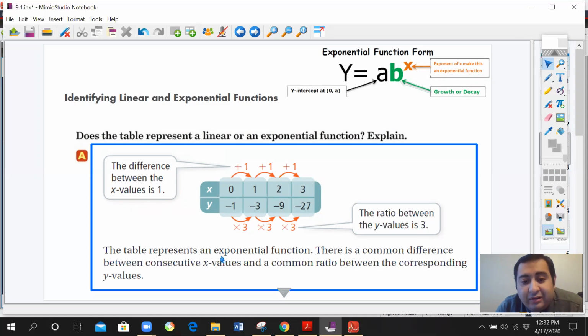So the table represents an exponential function. There's a common difference between consecutive x values and a common ratio between the corresponding y values. You could also try putting this information into the calculator, and you could tell that it's an exponential function, and we're going to give you more information later on in the slides, okay?